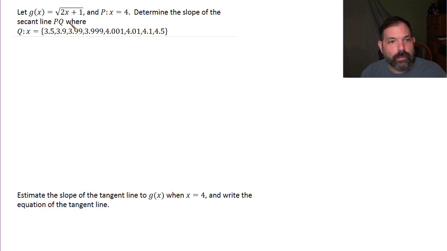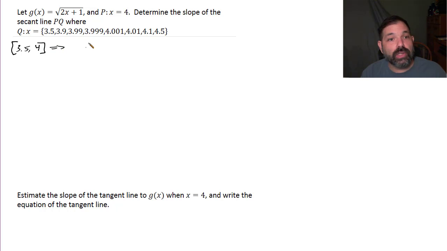So P is 4, and Q is 3.5. In a sense, what we're doing first, if x is 3.5 and then x is 4, we're really looking at the interval from 3.5 to 4.